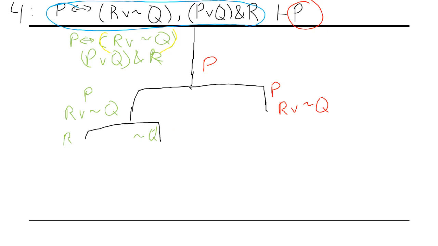For tildes, you just flip it across the line, get rid of the tilde. I'm going to try to save myself a little bit of room because something tells me I'm going to need it as we keep moving down through this. So that premise is done and taken care of.